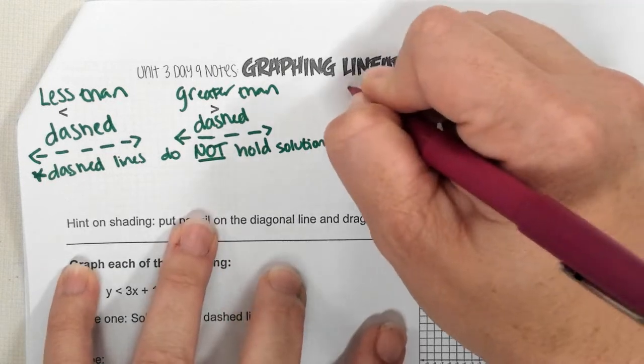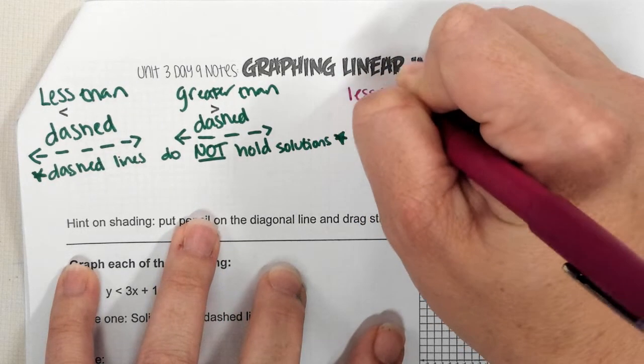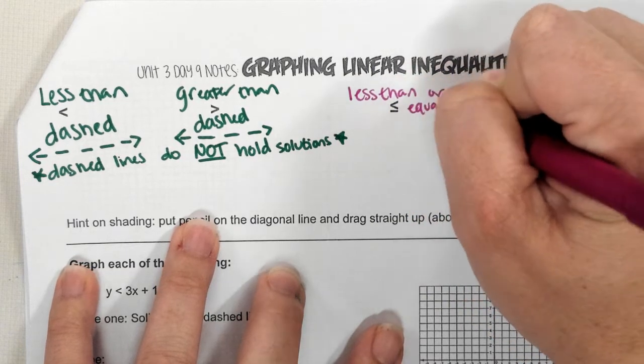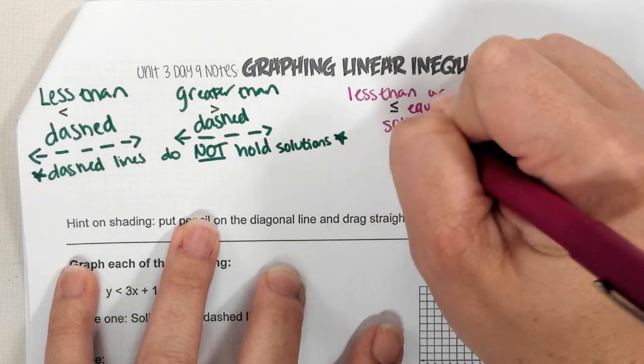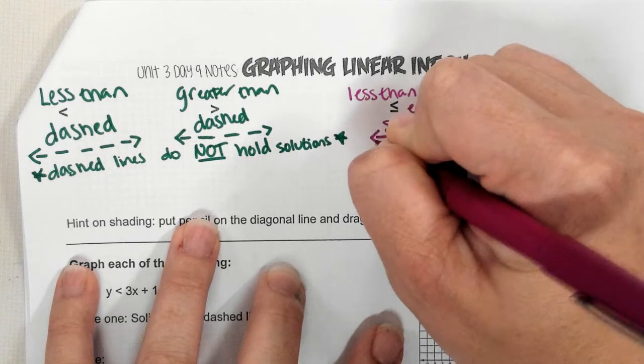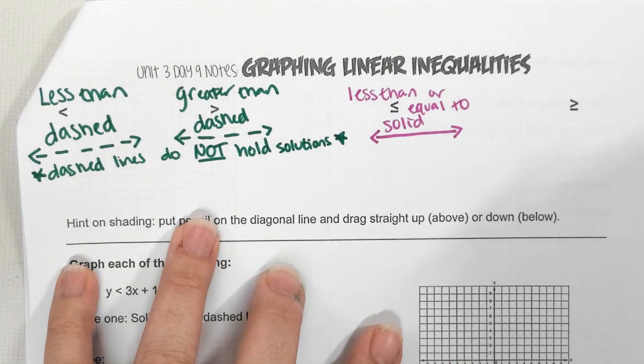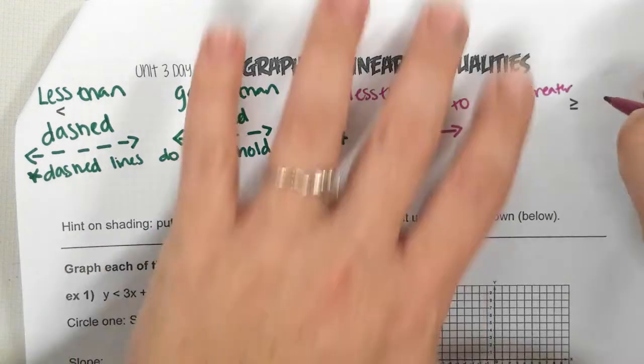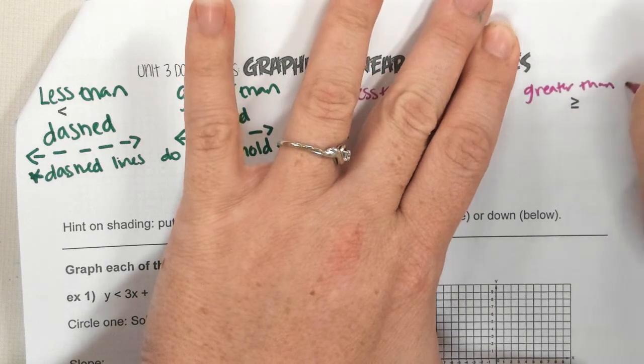Okay, this is less than or equal to. So it's going to be a solid line because of the equal to. This is greater than or equal to.